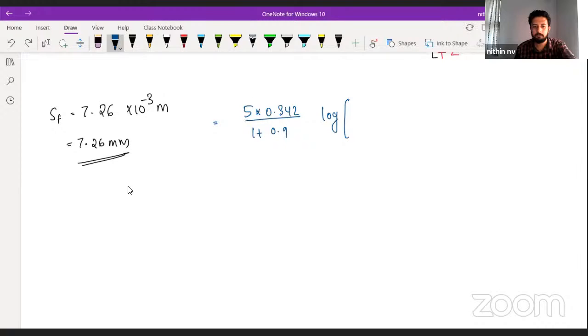Then the final value will be: initial effective stress 138.995 plus 2.606 is the final one, divided by 138.995. Correct now? That's it. 7.4. Approximately 7 point something. If you are getting it, it will be correct. It depends on how accurately you are taking the log value and all. 7 point something will be correct now.